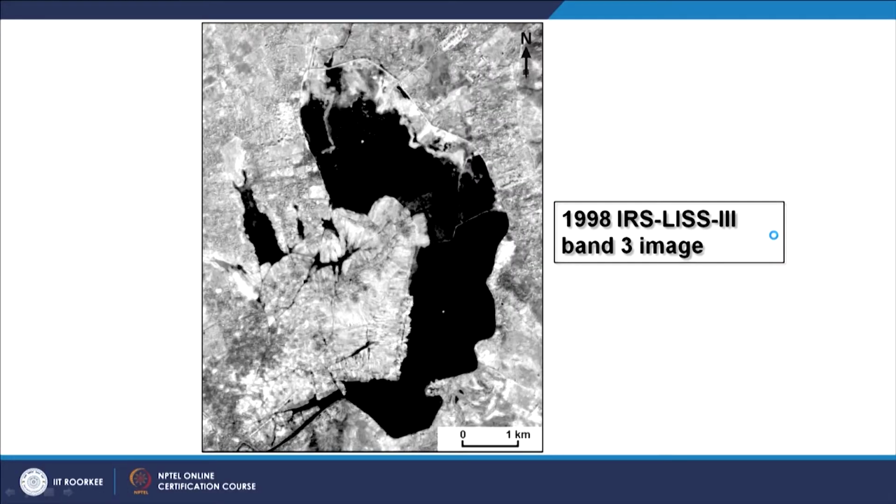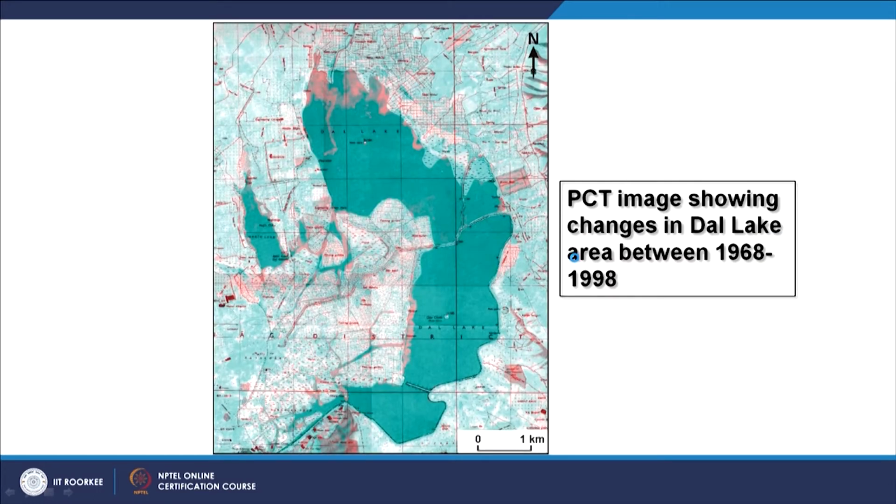In order to detect the changes that occurred between 1968 and 1998, we took this satellite image of IRS LISS-3, this is the band 3 image, and then using the color space concept or the pseudo color transform image concept, we prepared a new product which had the map as well as the image. The map belongs to 1968 and the image belongs to 1998.